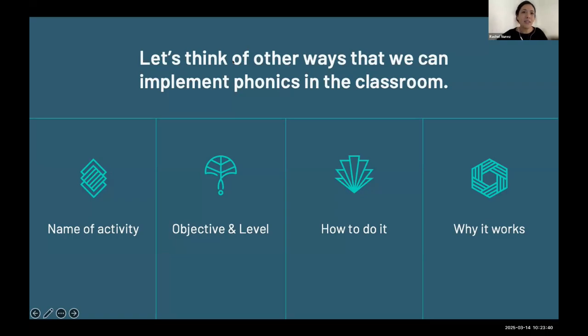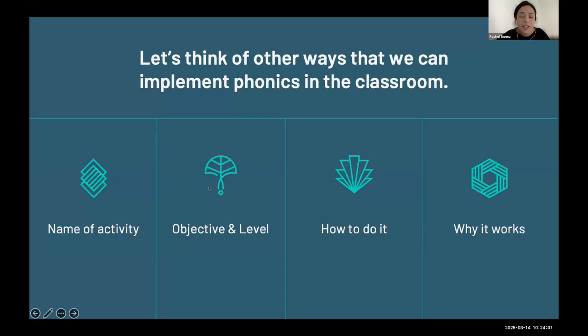They could say sunshine or she shell. They mix the two. So you could build an activity around working on that: the difference between the S and the SH sound.